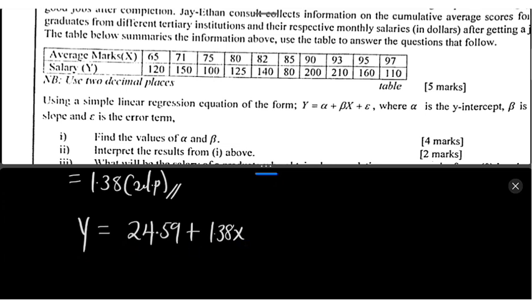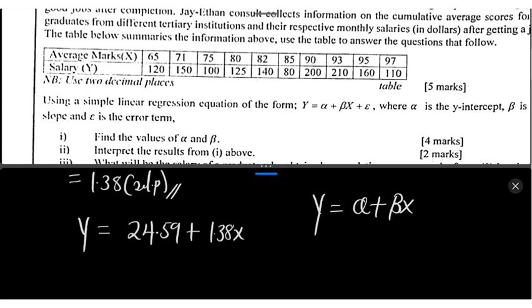So we are asked to interpret the results from the I above. With the interpretation, this is how it's going to be. We know from the regression equation that y is equal to alpha plus beta x, where we know that beta is the slope and alpha is the y-intercept.